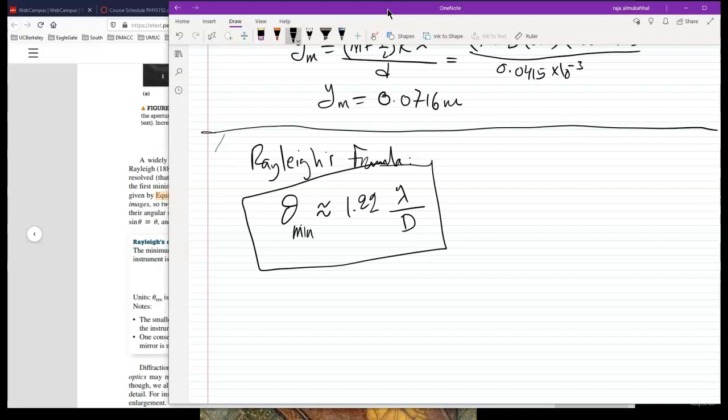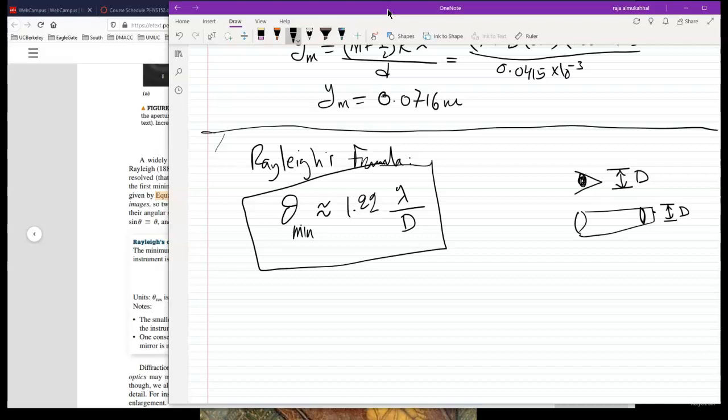Then d here is the diameter of the objective lens. For example, here's my eye, right? There's the diameter of my pupil, which is d. Okay. For a telescope, let's say I have a telescope. Here's a telescope, and the diameter of the lens here, whatever it is, that diameter is d.